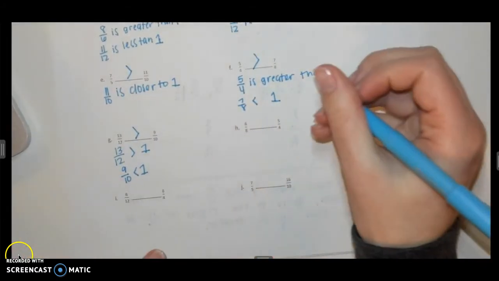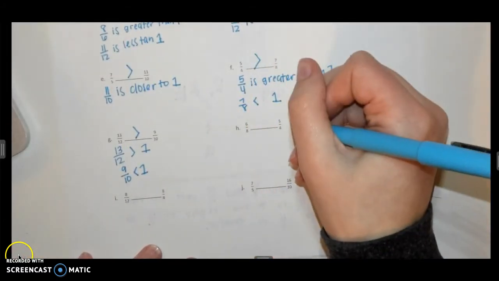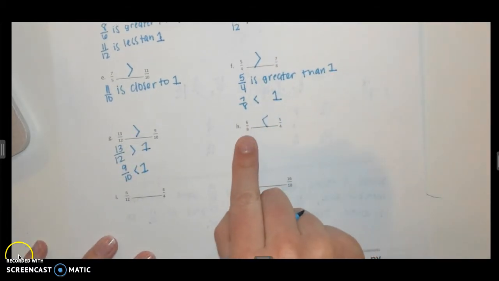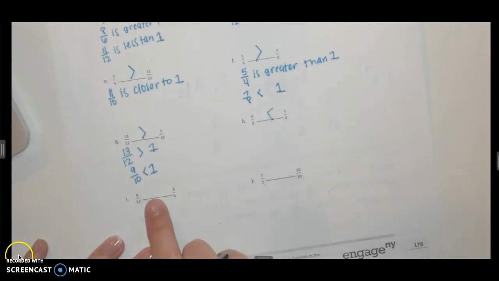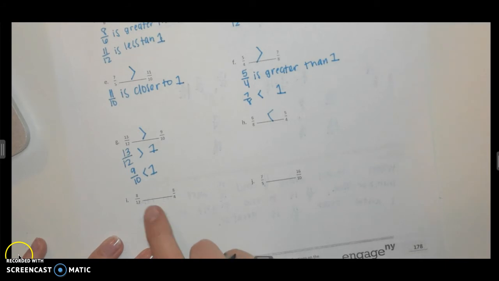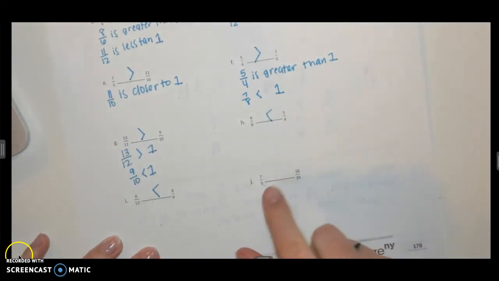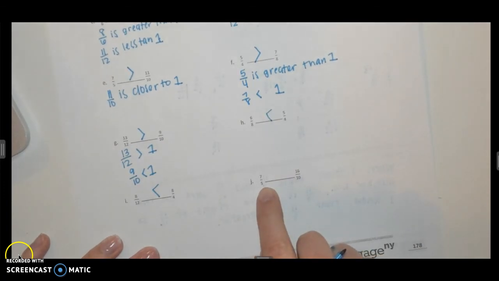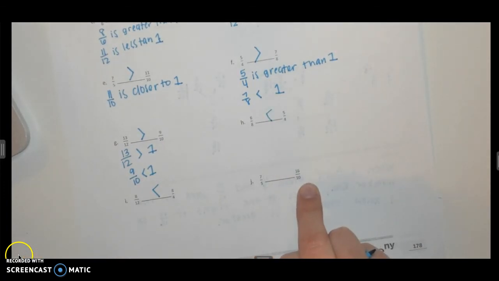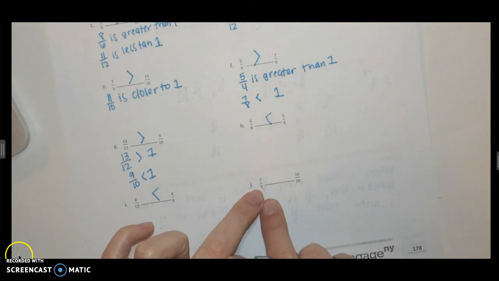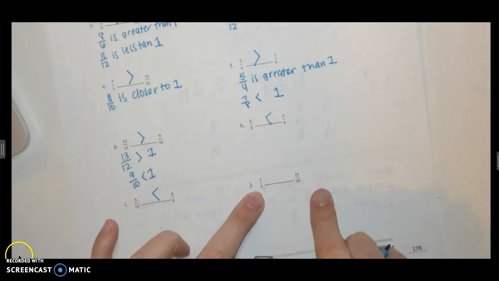So 13/12 would be greater. 5/4 is greater than 1, and 6/8 is less than 1. 8/12 is less than 1, but more than 1/2, and then 8/4 is greater than 1. In J, we have 7/5 and 16/10, which are both greater than 1. But this one, 7/5 is less than 1 1/2, or 16/10.